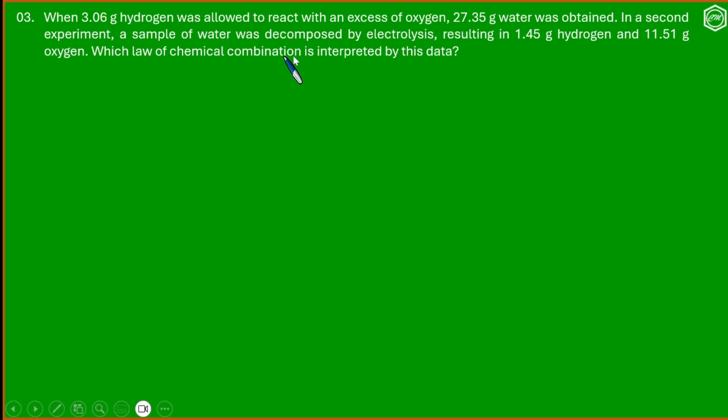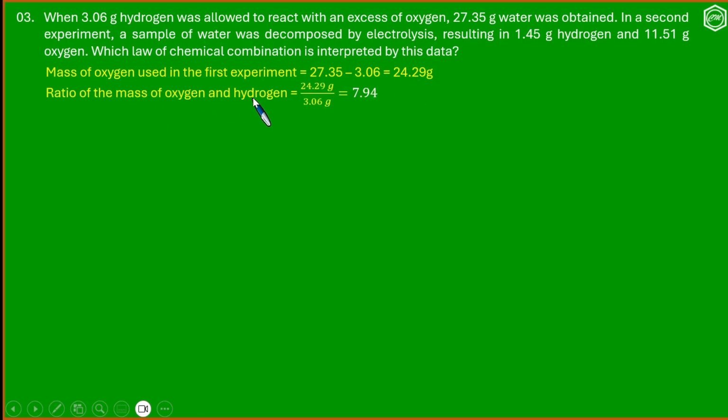Which law of chemical combination is interpreted by this data? Now, the mass of oxygen used in the first experiment is 27.35 minus 3.06. Therefore, 24.29 gram. So, mass of water obtained is 27.35. So, subtracting 3.06 will give the mass of oxygen.